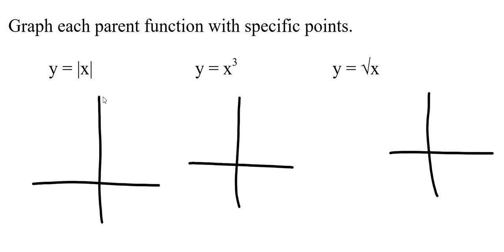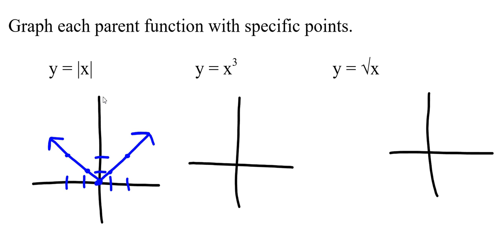Absolute value of negative 1 is also 1. So we get that shape from our absolute value graph.